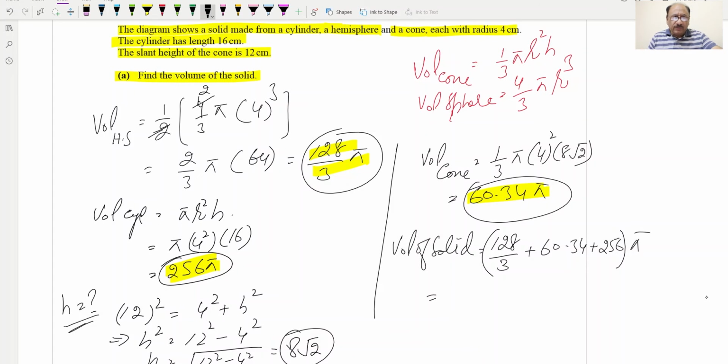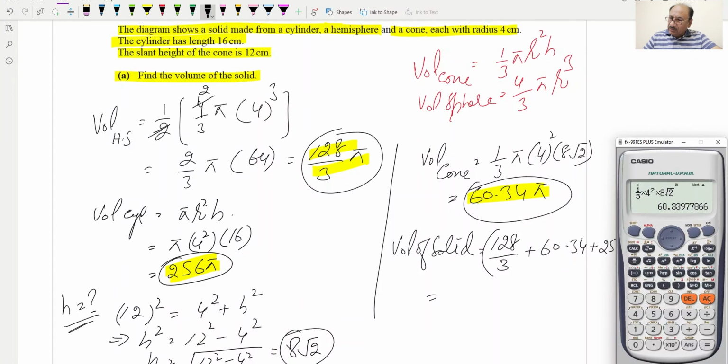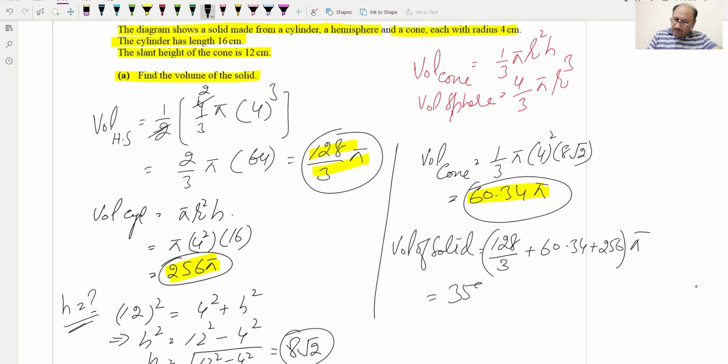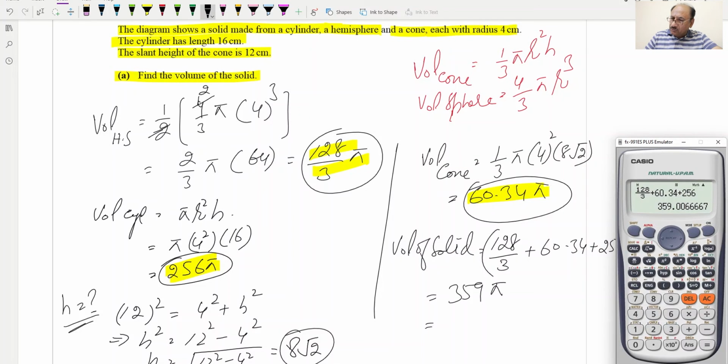This will be 128 over 3 plus 60.34 plus 256, and this is equal to 359.00. So 359 pi, and if you want we can provide the decimal value also.